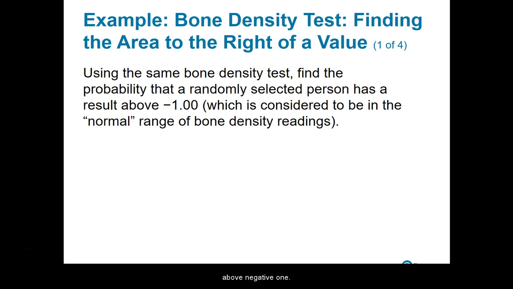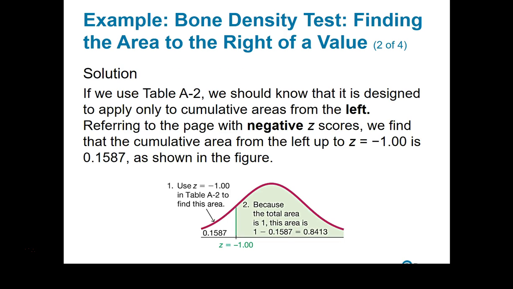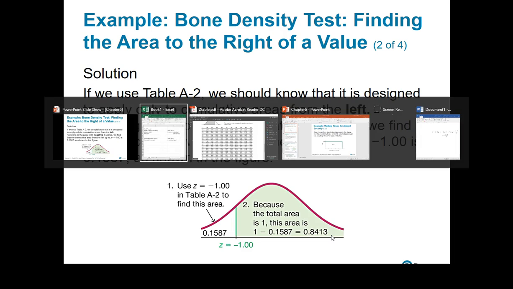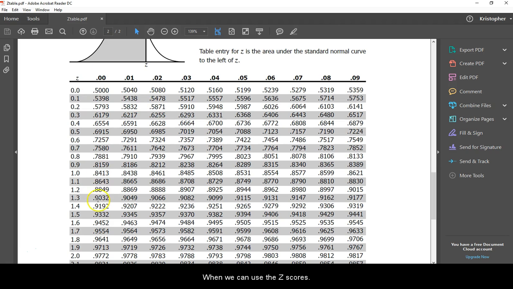Now, in order to figure out the probability that it will be above -1, we need to find the probability that it's below -1 and subtract that from 1. Take the area here, 0.1587, subtract that from the total area under the curve, which is 1, and that gives us 0.8413.